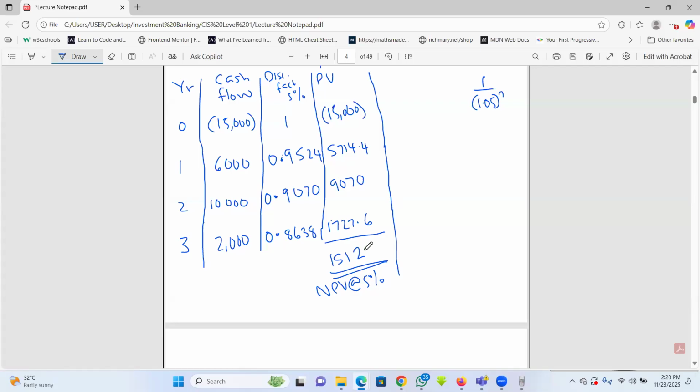Now that we are done getting our NPV at 5%, which gave us a positive value, we need to guess a hypothetical discount rate that we will use to run this process again so that we can get a negative NPV value.